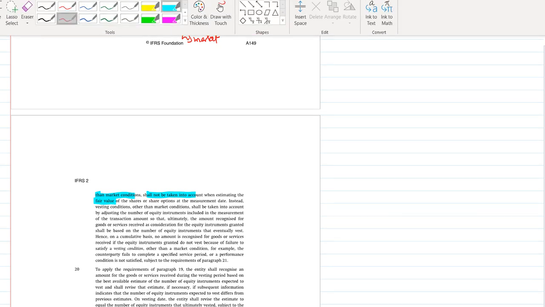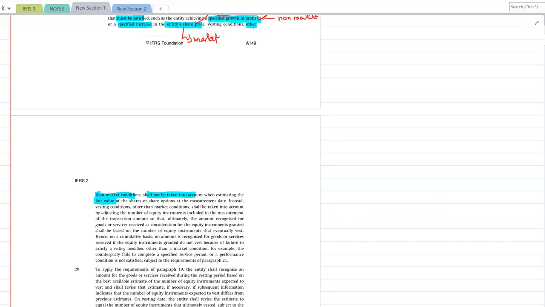Let me write it again in simpler terms. Market conditions are good for determining the fair value of the options.